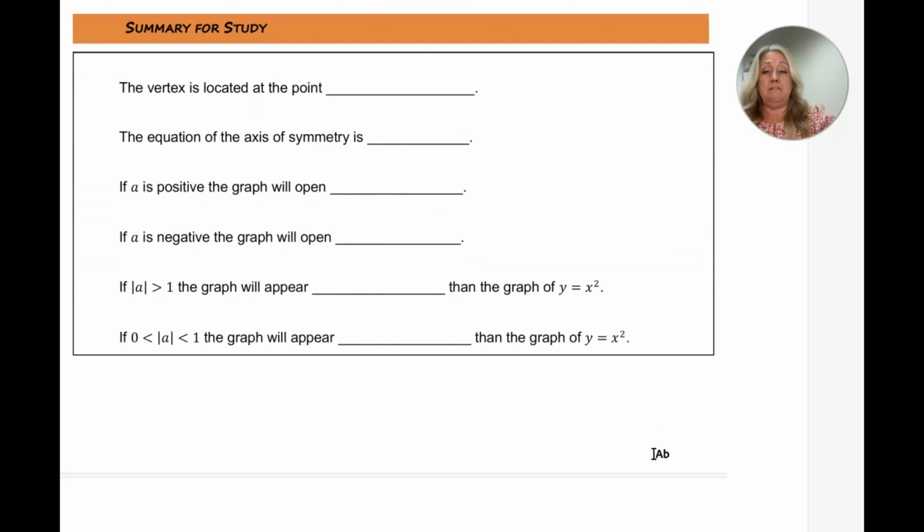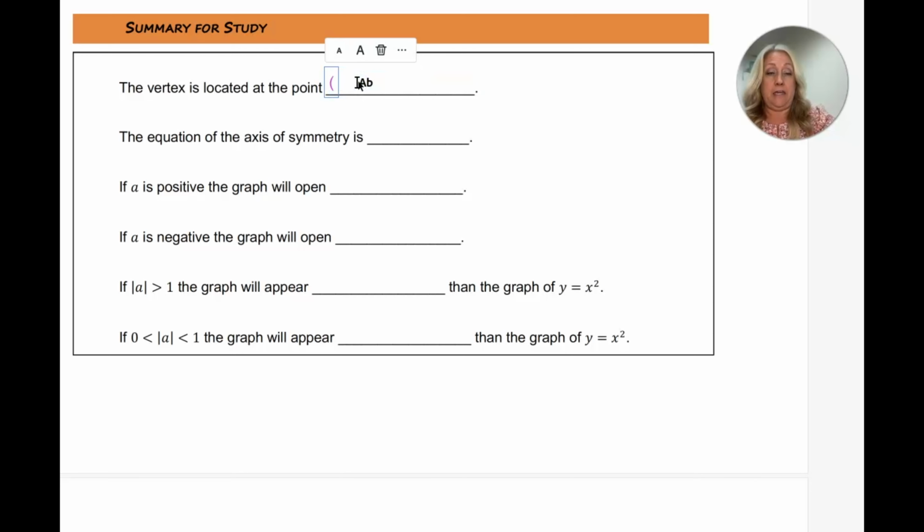Now let's go ahead and fill in a summary here. So let's see if we can fill this in without having to look back up. So the vertex is located where? At what point? Right, so let's write this as an ordered pair.